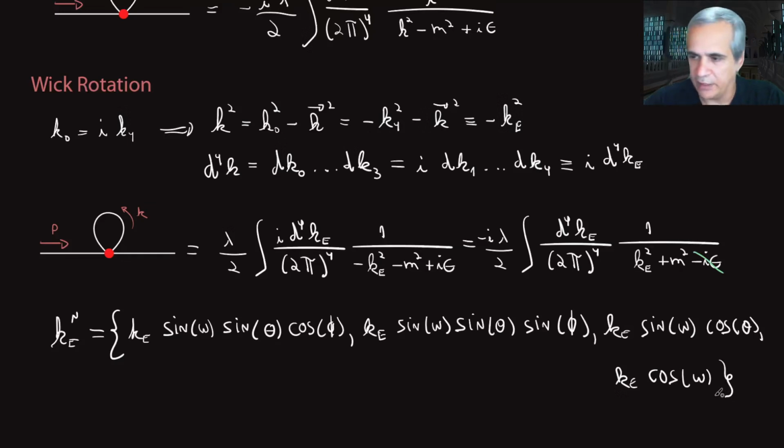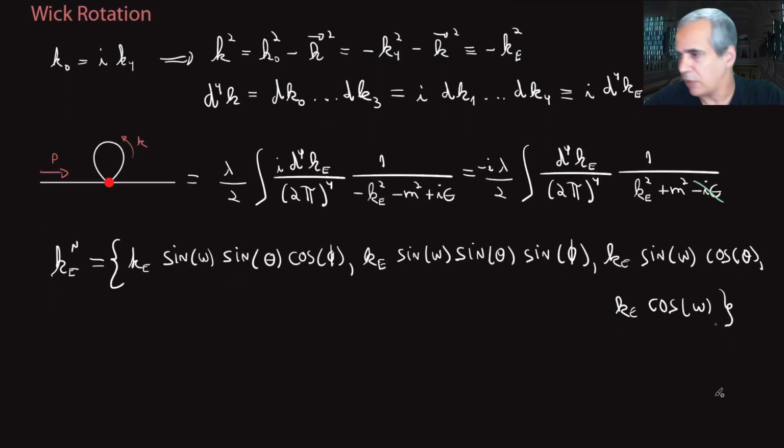These angles are defined in these ranges: k is positive or 0, phi goes from 0 to 2 pi, and the other two, omega and theta, go from 0 to pi.